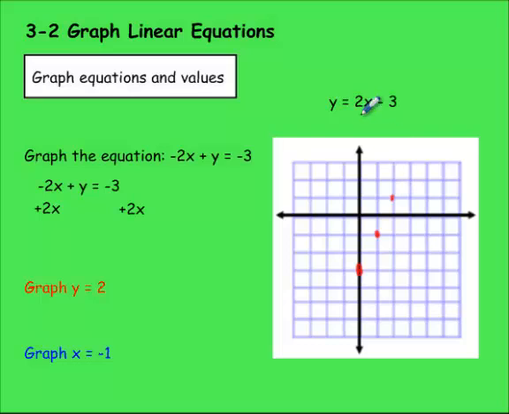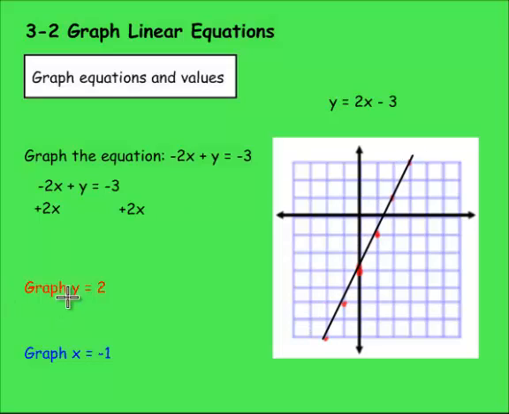Then when x is 3, you would have 6 minus 3 would be positive 3. Let's do a couple negatives. 2 times negative 1 is negative 2, minus 3 is negative 5, so negative 1 and negative 5. Then 2 times negative 2 is negative 4, minus 3 is negative 7. So you can see this follows a nice even line here.